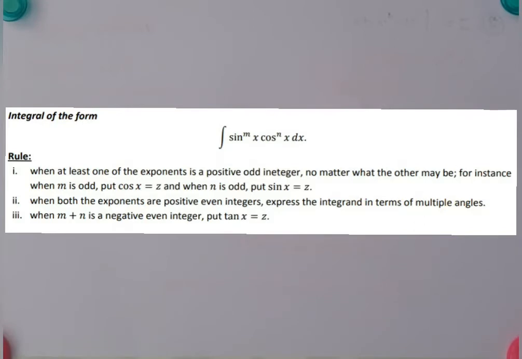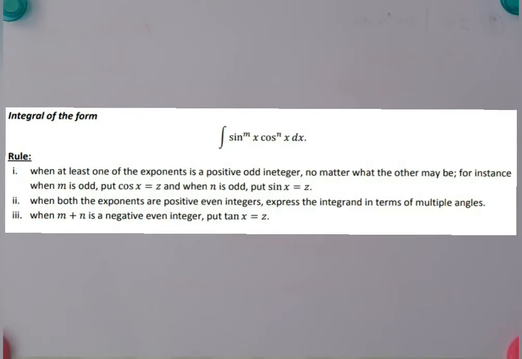For instance, when m is odd, you have to put cos x equals z. Now when n is odd, you have to put sin x equals z. So that is the first case.